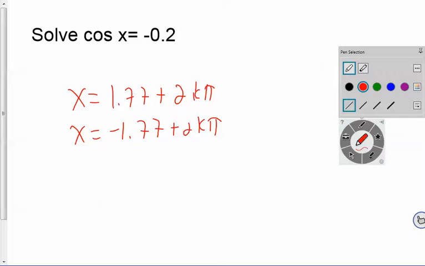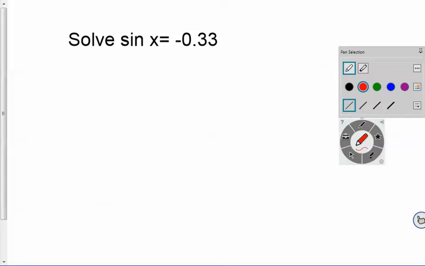So then that opens it up. I know it sounds kind of weird because we went from 0 to 2 pi before, but that's just how it goes.